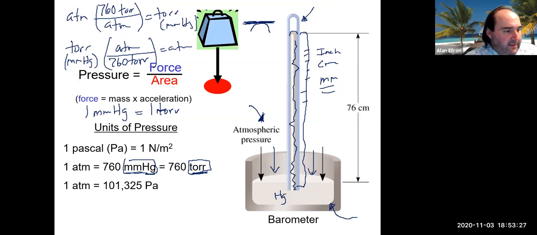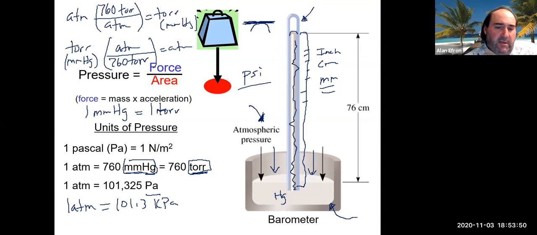So these three units, atmospheres, millimeters of mercury, and torr, are very common units that we come across a lot in chemistry. Other units are pascals: 1 atmosphere is 101,000 pascals, or 101.3 kilopascals. That's also a very common unit of pressure. Also our good PSI, pounds per square inch: 1 atmosphere is about 14.7 PSI.